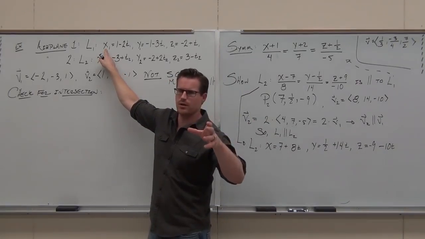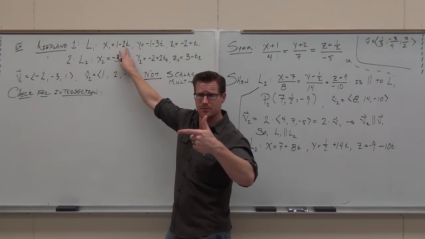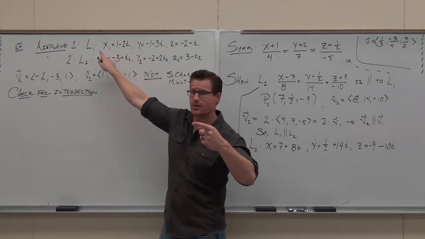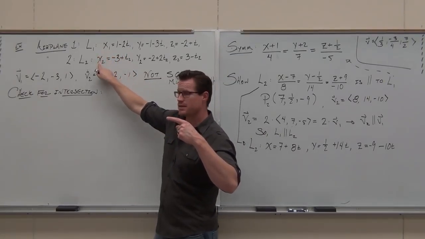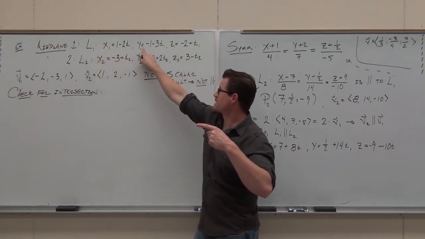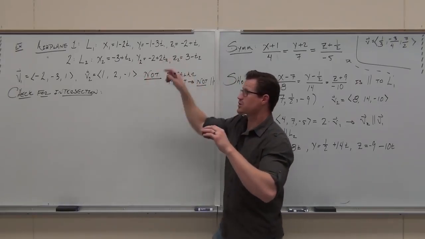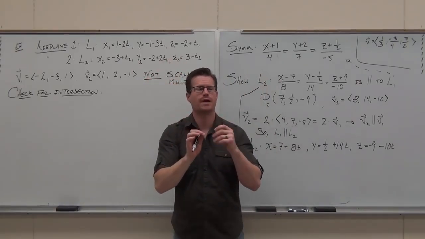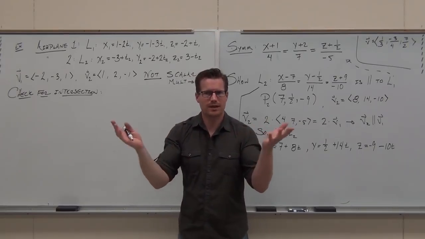Stop whatever you're doing. This is our x coordinate. When I plug in a time, I get out an x value. In order for this to work, this has to equal this. Our x coordinates have to be equal, our y coordinates have to be equal, and our z coordinates have to be equal, and they all have to be equal at the same exact time. Does that make sense? So we set them equal. Okay, let's let that happen.